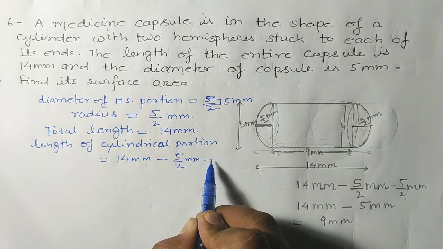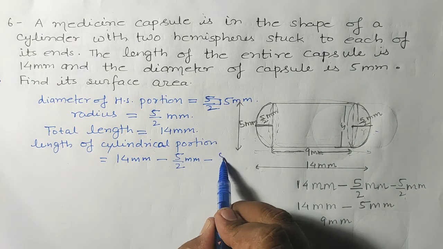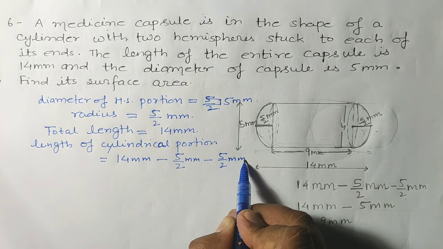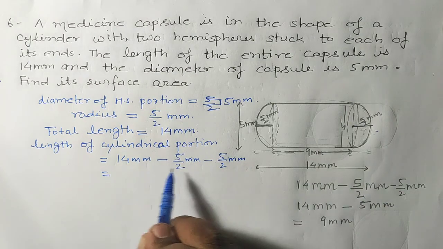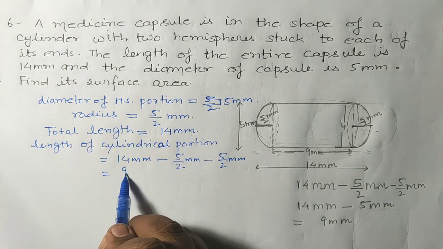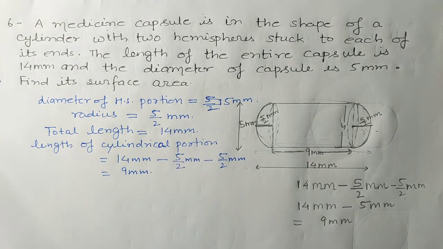Okay, and 5 by 2 from this side you will subtract, so that you will get the length of this cylindrical portion. So it will be, as we have done here, 9 millimeter.